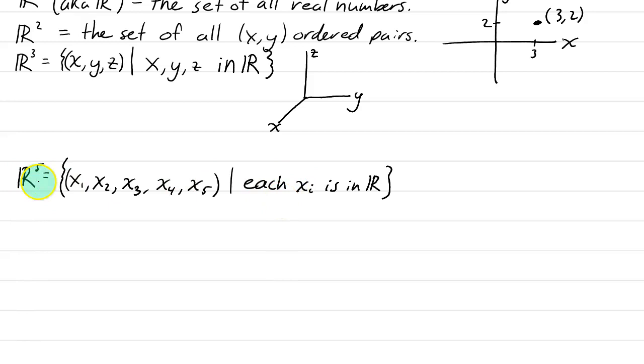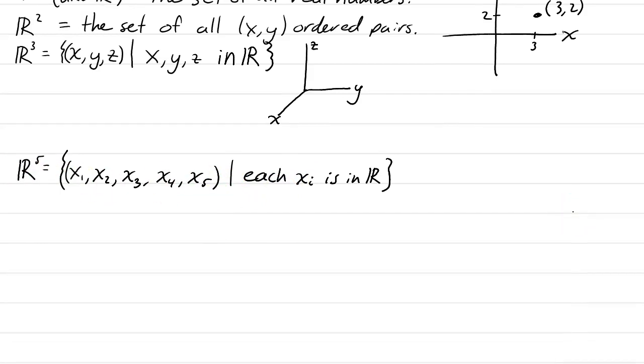Okay, but how can you visualize something like an R5 point? Well, an R5 point would be any point with 5 coordinates, and if you're going to try to draw it, you would need to take R3, but then get another 2 axes, an x4 axis and an x5 axis, that are perpendicular to these other 3 axes, but that isn't something you can really picture. So how do you picture it?